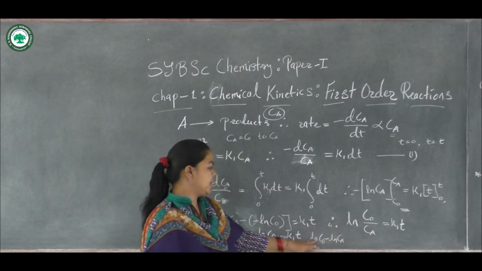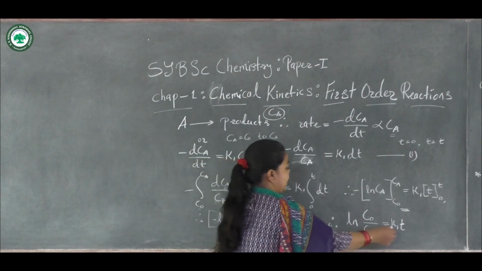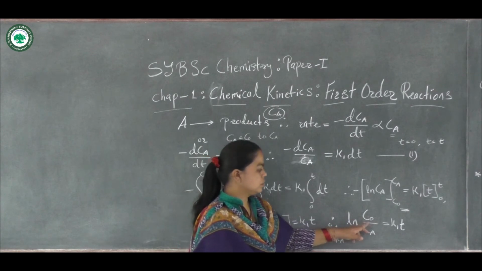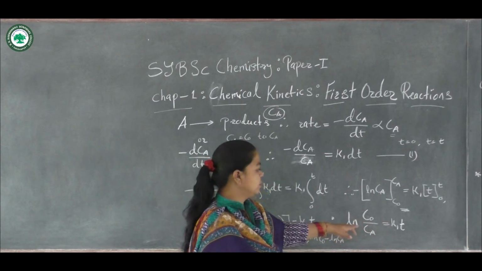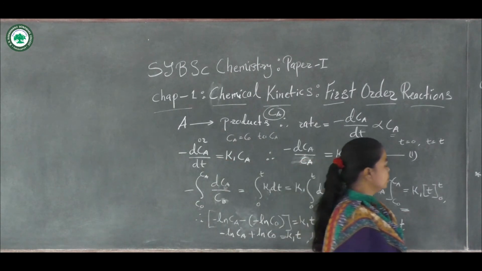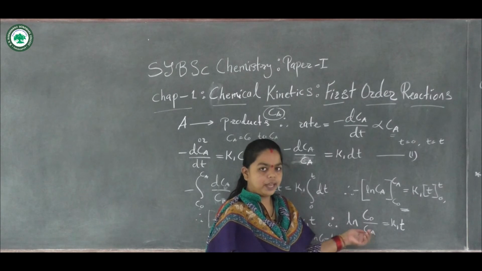So it becomes ln C0 divided by Ca equals k1t. So we are getting this k1t. Now this equation is given in the form of log ln.